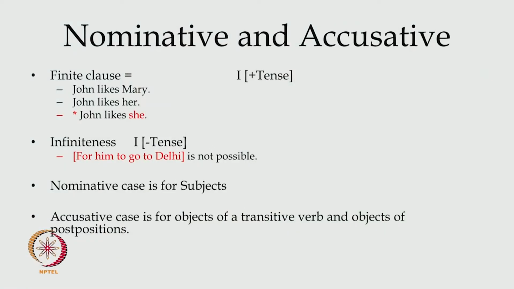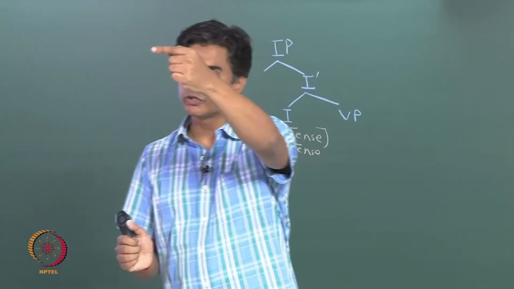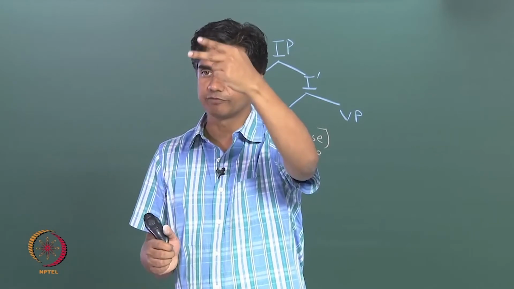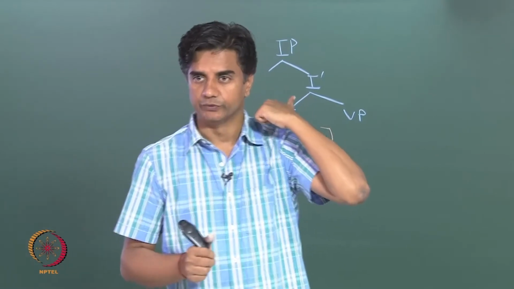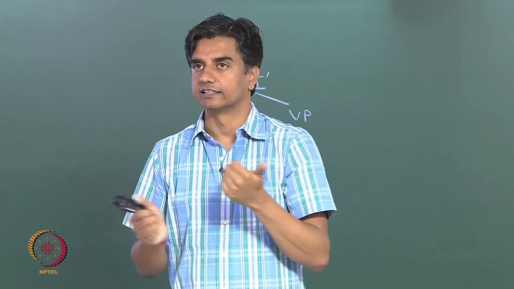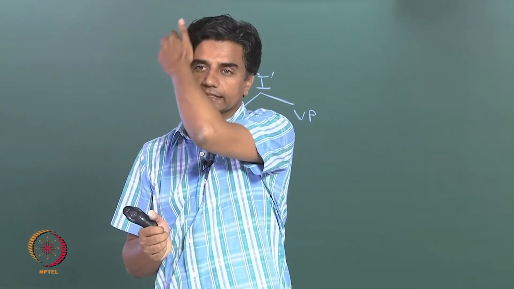It's displaying its nominative form, which is the reason why this sentence is ungrammatical. Now, we are going to use this distinction between finite and non-finite very soon to see why we need this discussion. Let's look at non-finite things.